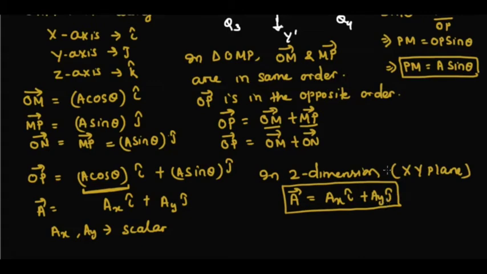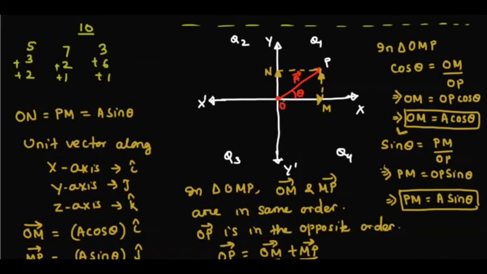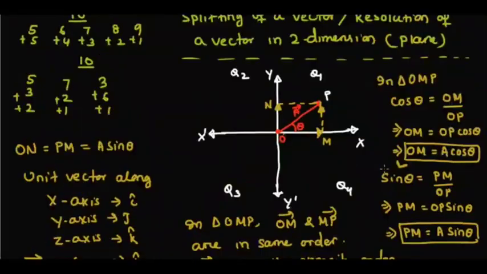Now we will talk about the splitting of a vector in the second quadrant. So again I will draw another vector here. Suppose we have a vector here like this, and this vector is B vector. Okay, and suppose this vector B makes an angle theta with the negative x-axis. This vector B is in the second quadrant, and it makes angle theta with the negative x-axis.